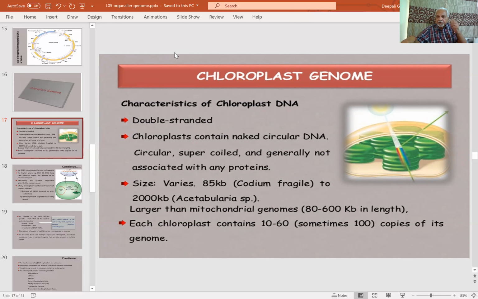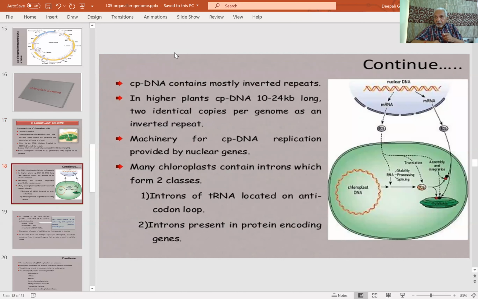And as you saw in mitochondrial genome also has multiple copies. So both the chloroplast genome and the mitochondrial genome exist in multiple copies, per organelle. Also, in chloroplast DNA, you have inverted repeats.